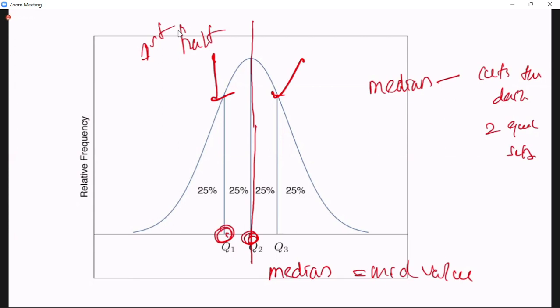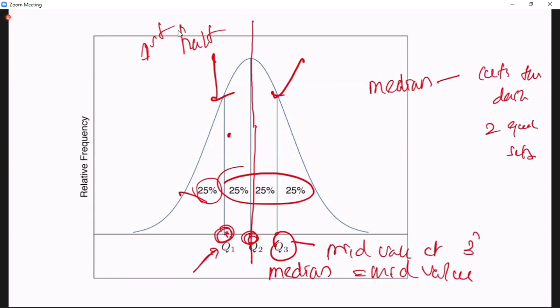Therefore, out of the entire region, that Q1 should cut the data into this 25% and this 75%. Is that clear, guys? Q1 is the mid value of the first half. This Q3 is the mid value of the second half. Not third, second half. Q1 is the mid value of the first half.